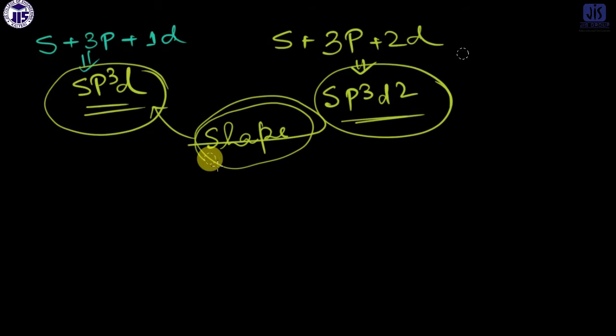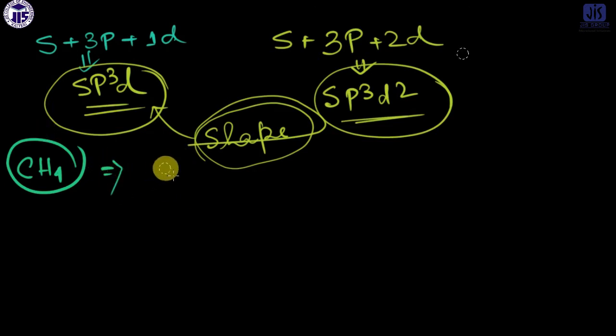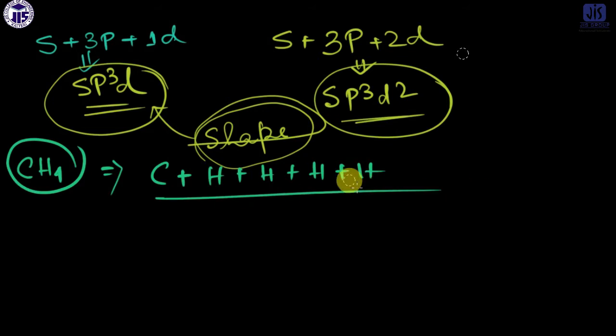Okay, so first of all, let us take a very common example, methane, CH4. If we take methane, then we can write C plus H plus H plus H plus H, isn't it?